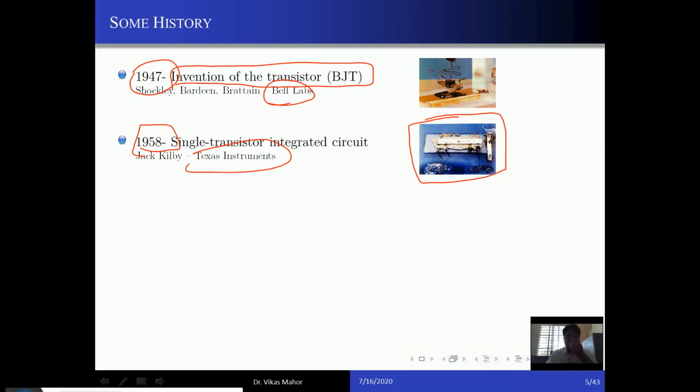Look at the size. Fine. And look at the size of your processor. Your processor of this much size includes 10 billion transistors. Fine. So what was the technology in 1958 and what is the technology in 2020? Fine. So in 1958, the size of a single transistor on an IC was this much.